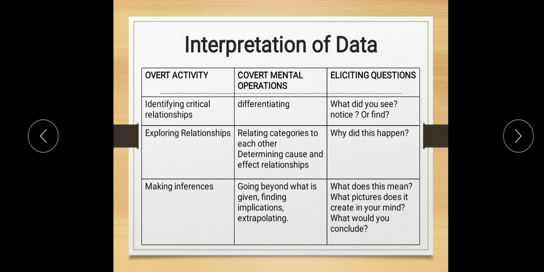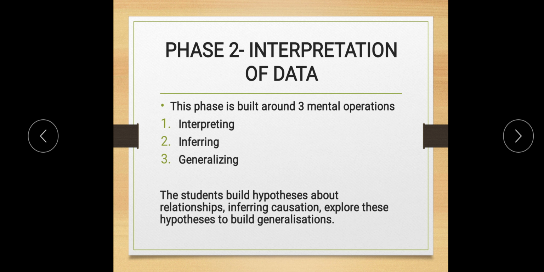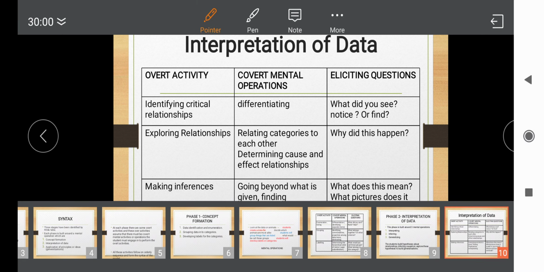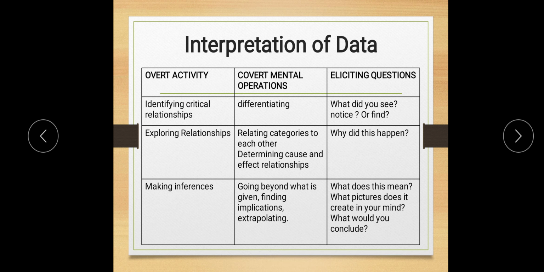Now the first one is identifying critical relationships. Okay. Now why am I calling this first overt activity interpreting? It is identifying critical relationships. The covert mental operation here is differentiating. What did you notice or find? When they have already grouped the data presented to them into categories, wherein they have formed their own concept, here they are identifying a critical relationship, or differentiating.